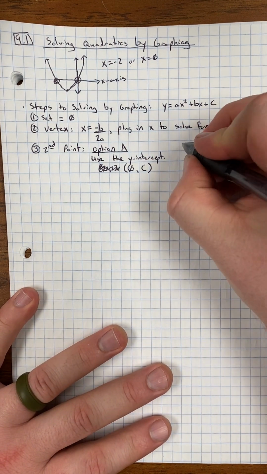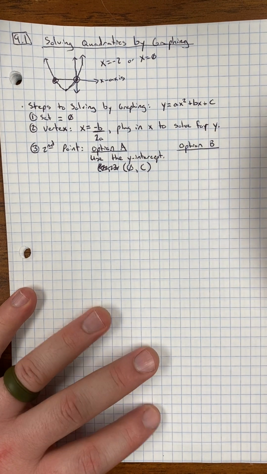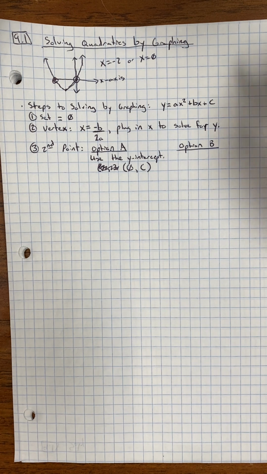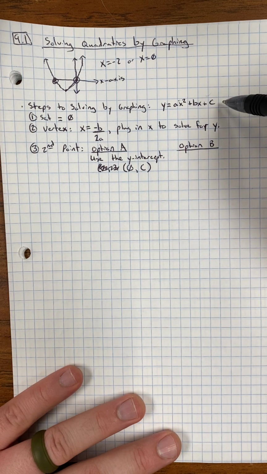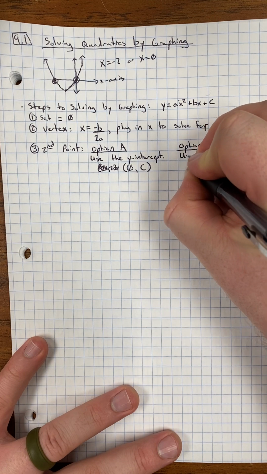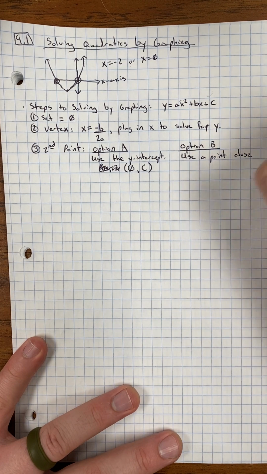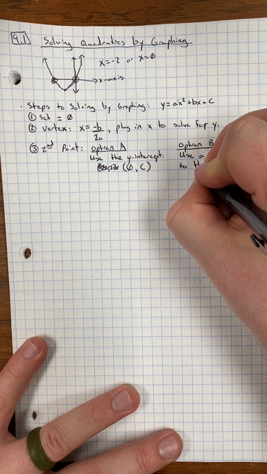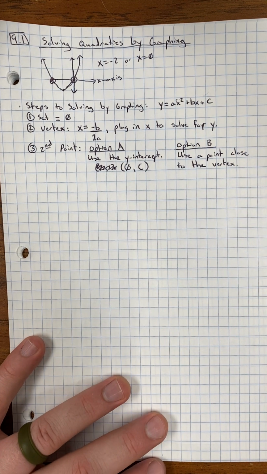Now let's talk about option B for a second point, because sometimes I don't really like using the c value, because what if the c value ends up being something huge like 54 or 108? That's not going to be super fun to graph on a graph like this, right? So instead, it might be better to pick a different point, one close to the vertex. So we're going to use a point close to the vertex.